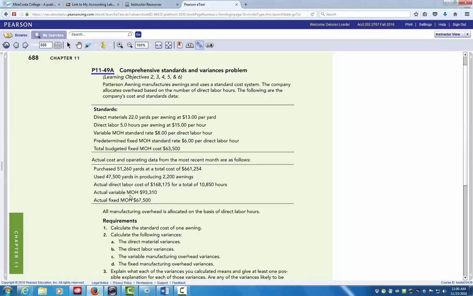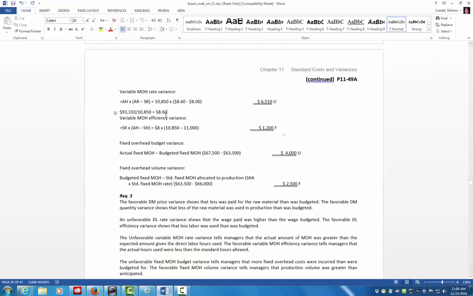If we divide the actual amount of variable overhead by the total number of hours, which is what I'm doing here, that will show you what your actual rate is of $8.60. Now we have our variance, which is going to be an unfavorable variance because our actual rate exceeded our standard rate.